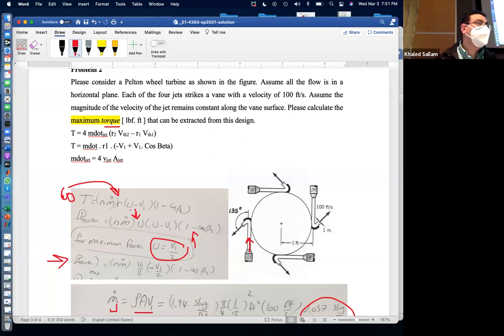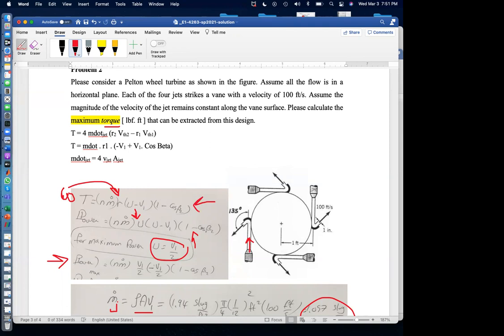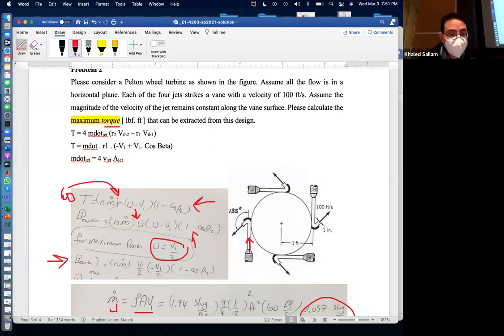U equal, this is the equation for the torque at any velocity. What velocity am I interested in? U equal 0.